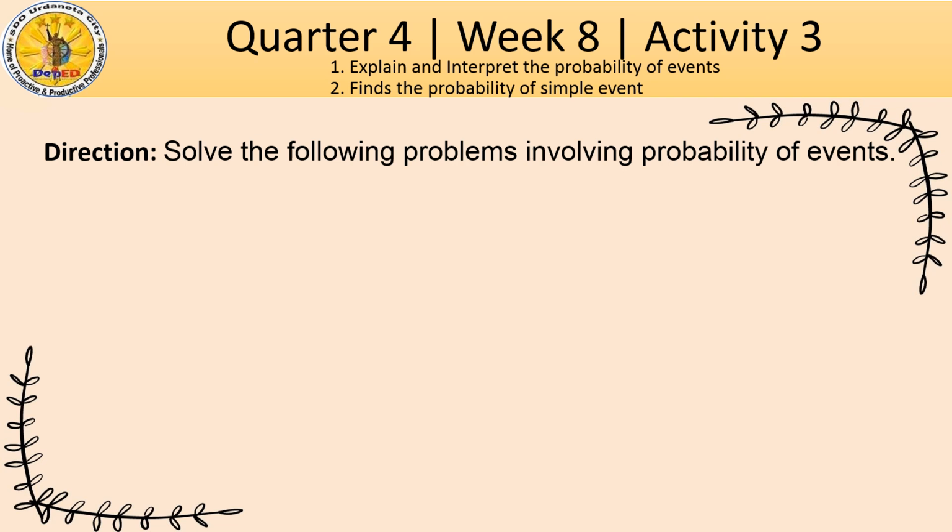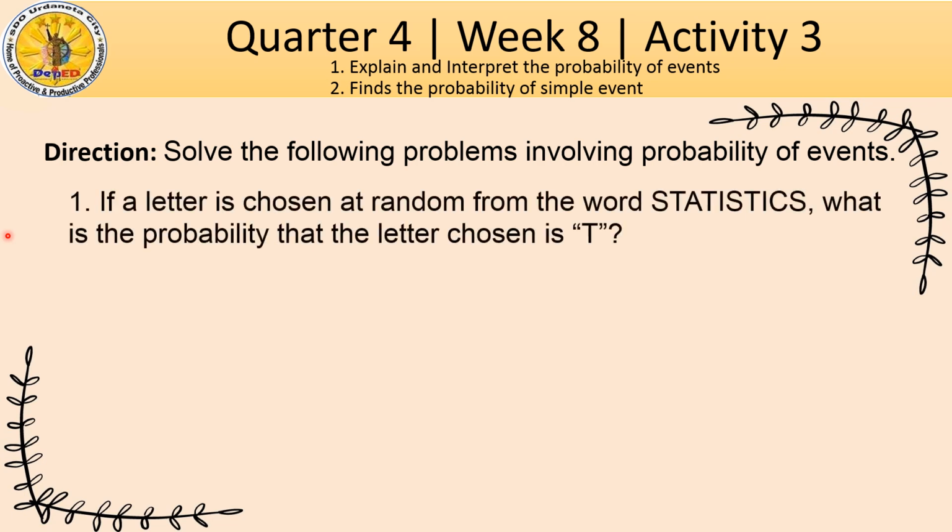Finally, we are now in activity 3. So the direction is solve the following problems involving probability of events. For problem number 1, if a letter is chosen at random from the word statistics, what is the probability that the letter chosen is T?